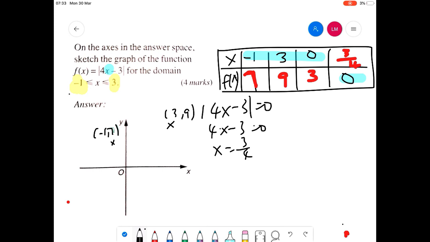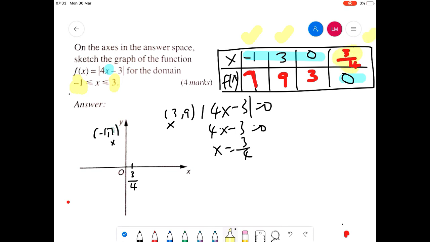Okay, when your x is 0, y is 3. So another one is your x is 3 over 4. 3 over 4, which is here. Okay, so usually what I would do is use the first, last, and also this one, your x-intercept.